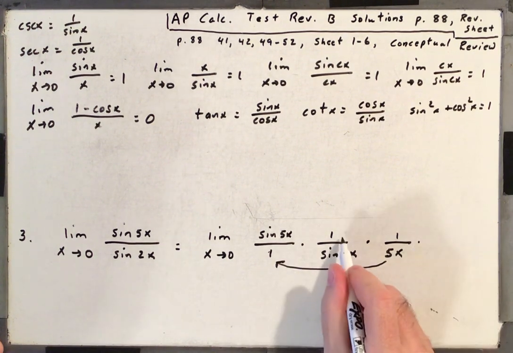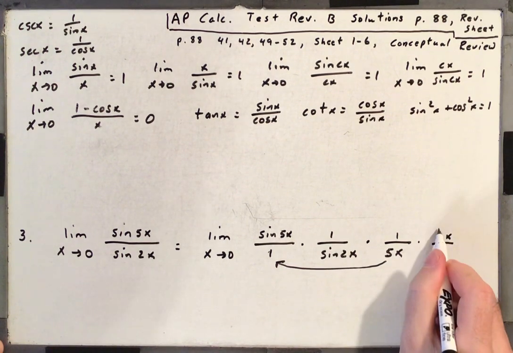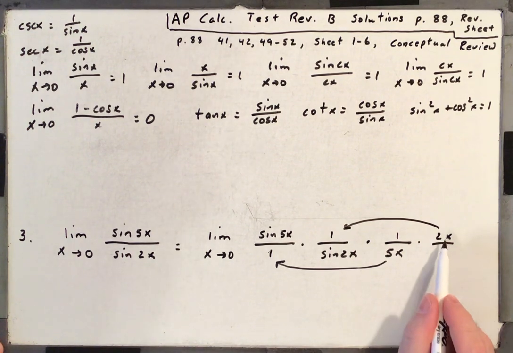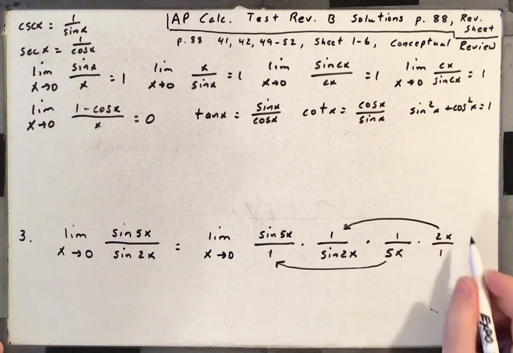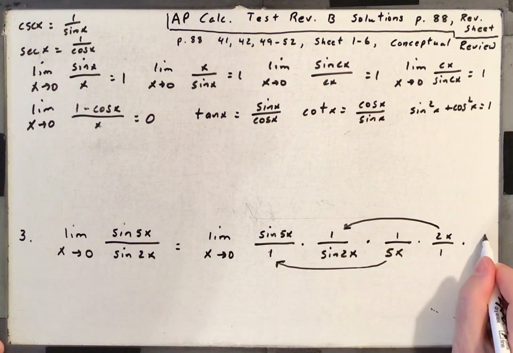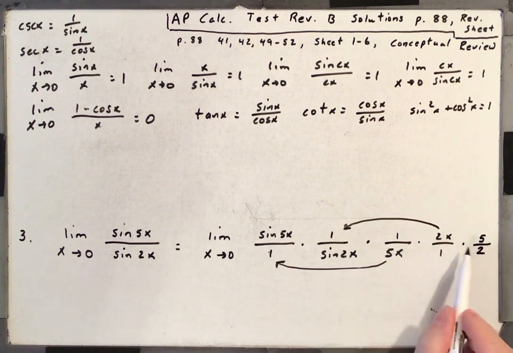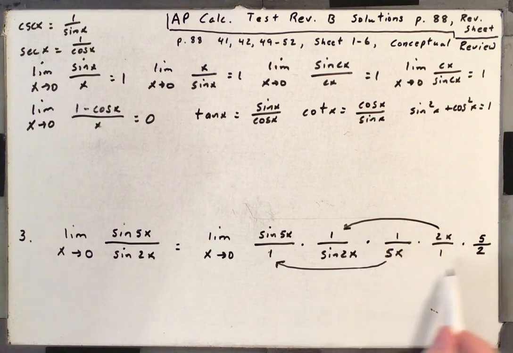What do I need right here on top? I need a 2x. So I'm just going to put it in. What have I multiplied now? 2x over 5x. I've multiplied by 2/5. So in order for this equation to not be invalid, I need to multiply the whole thing now by 5/2. So really all I did was multiply all of this by 1.